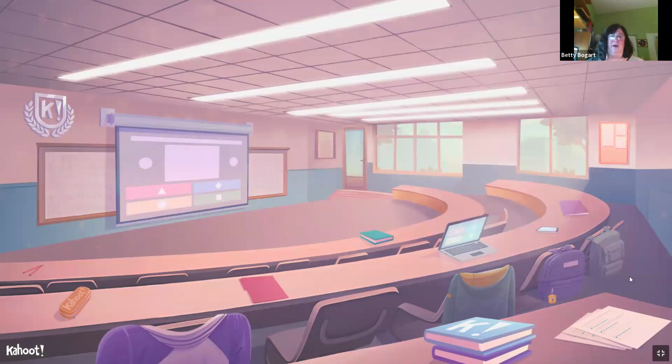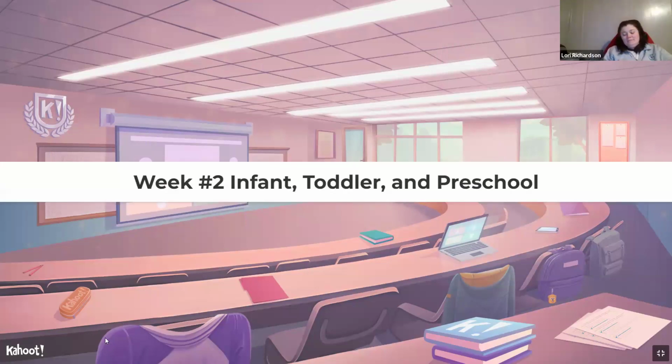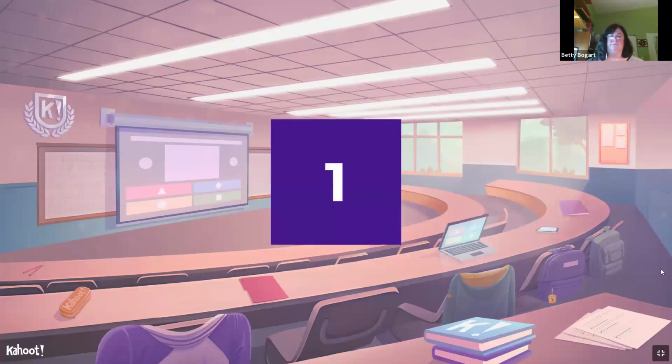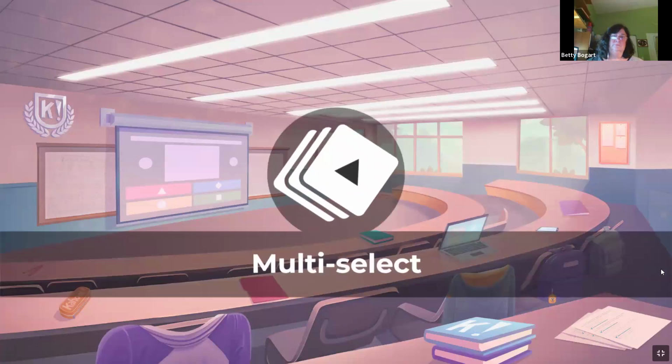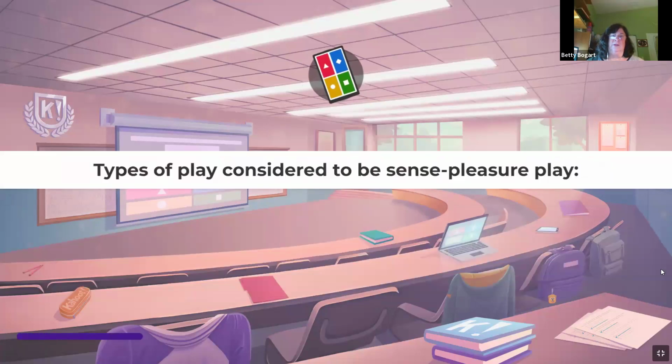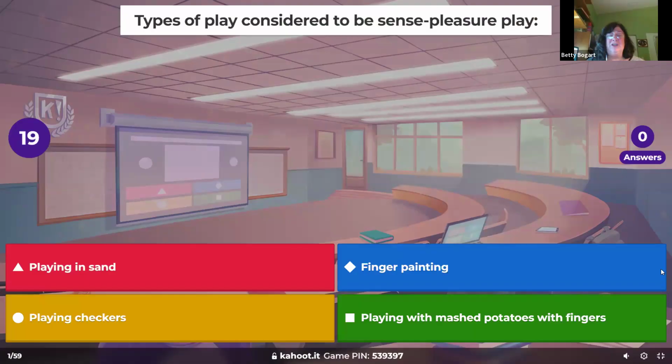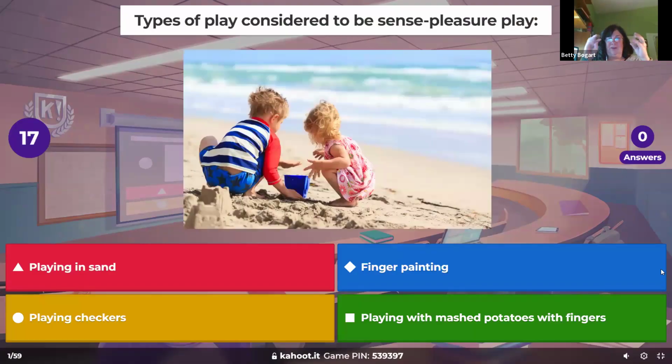Oh, let's get going. There's a few questions here, some concepts. So infant, toddler, and your preschooler. Start out with a multi. Which types of play are considered sense pleasure play, like what those toddlers love doing with their hands? Sensorimotor, right?